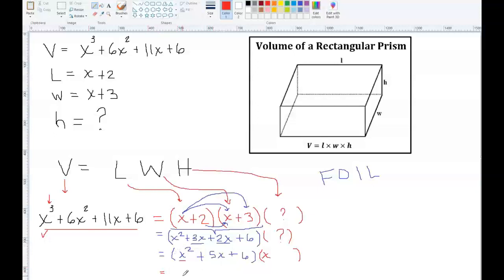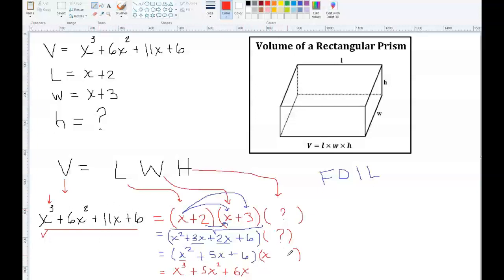Look, when I multiply x by x squared, I get x to the third. When I multiply x by 5x, I get 5x squared. And when I multiply x times positive 6, I get plus 6x. And if you look at my answer here, this answer is not identical to what I have here. And why is that?